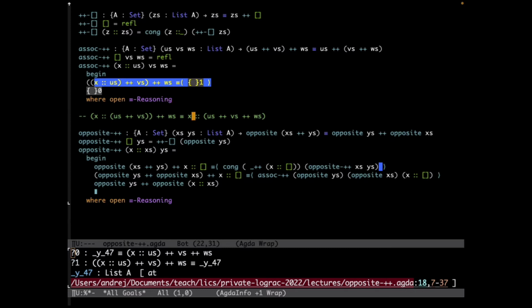Let's stare at this first again. So this thing here is the same as x :: u's ++ v's. That's okay. That was the idea that I think you had. But there is still this other plus here.